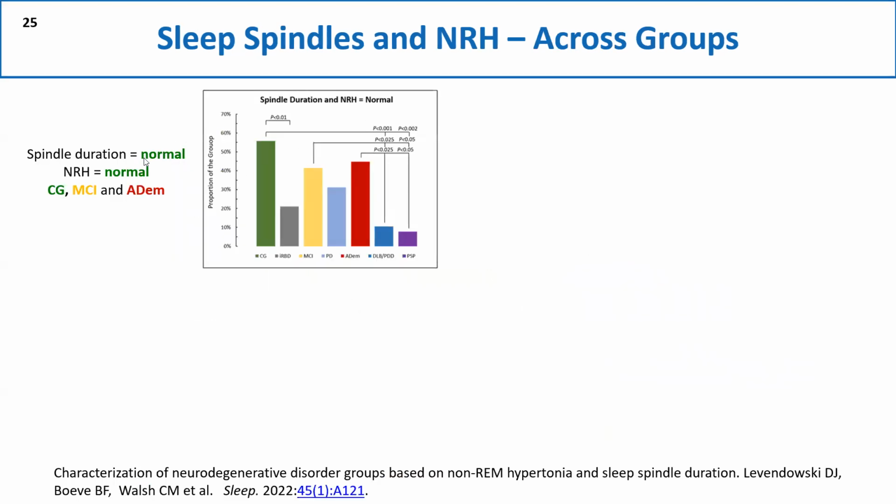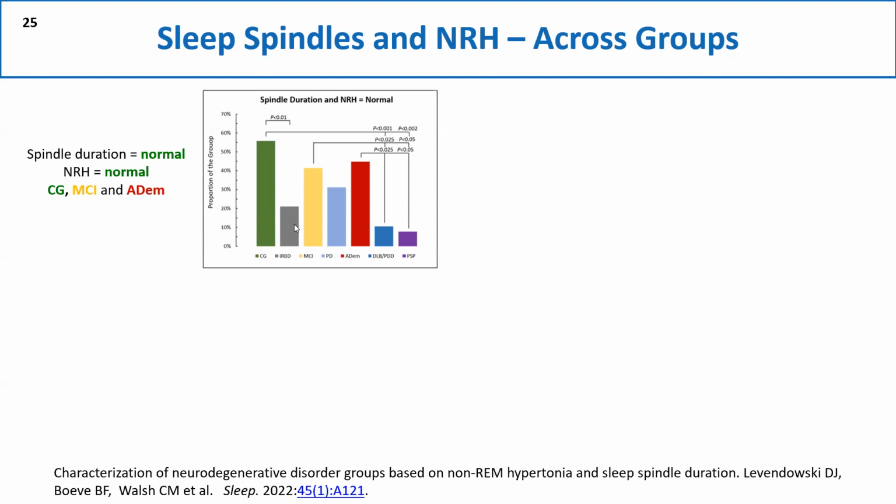So here first we're looking at if spindle duration is normal and non-REM hypertonia is normal, we see that the healthy controls, the control group, but also the mild cognitive impairment and the ADs has significantly greater proportions as compared to the DLBs and the progressive supranuclear palsies.